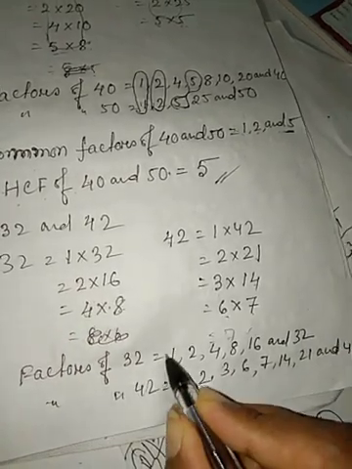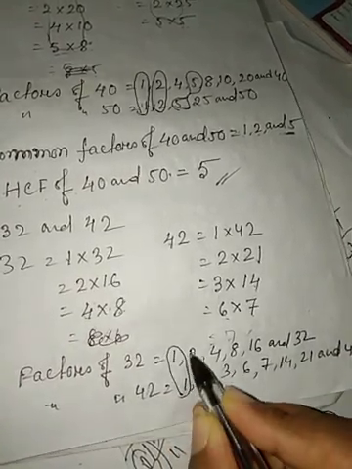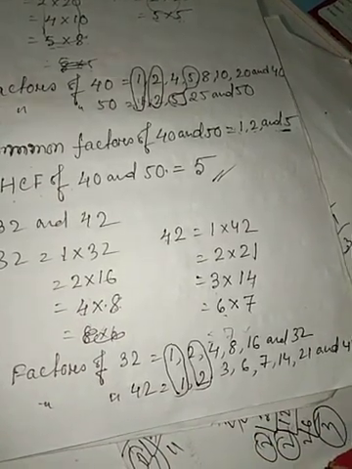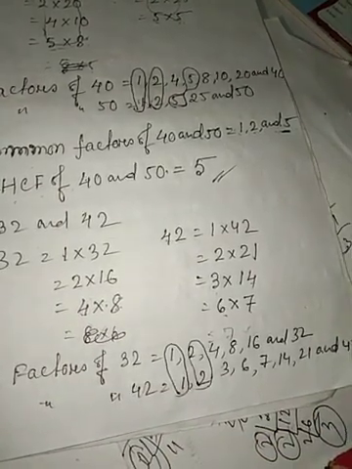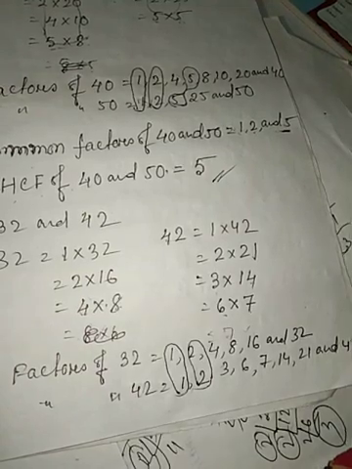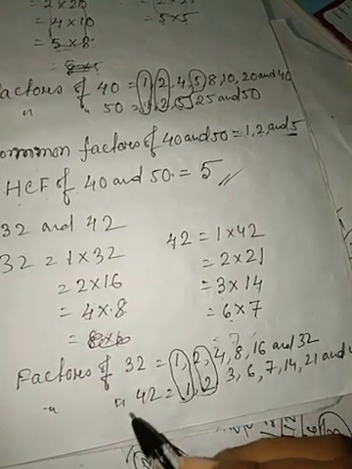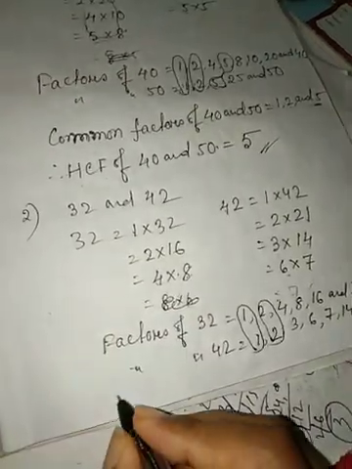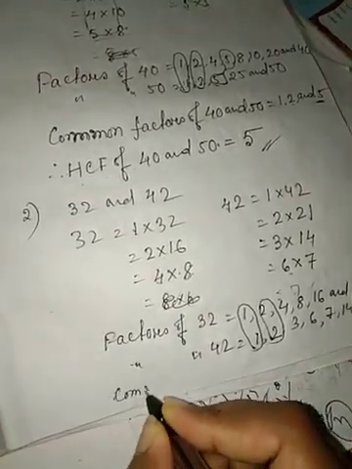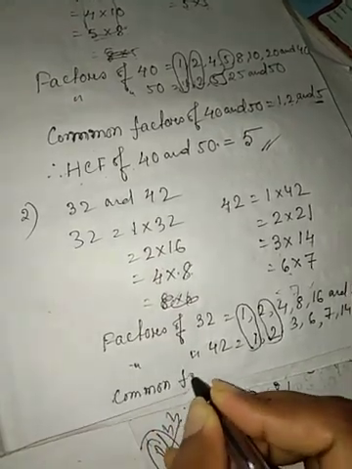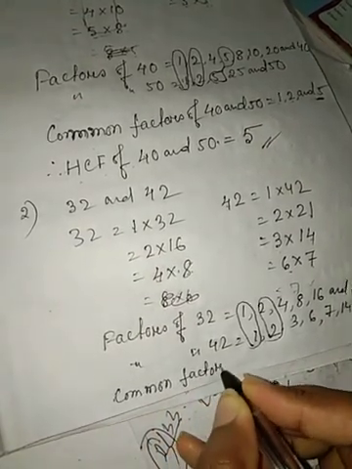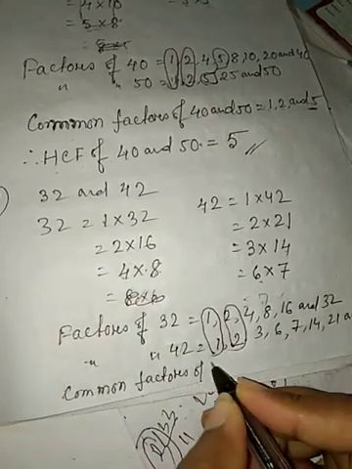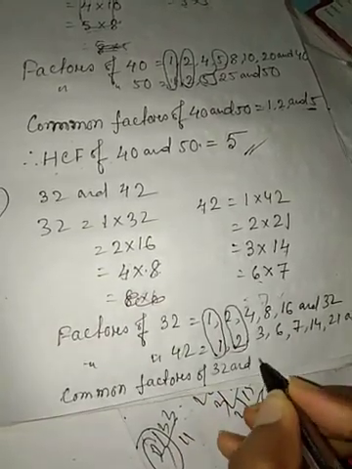Now we find the commons. Only 1 and 2 are the commons, so they are the common factors of 32 and 42.